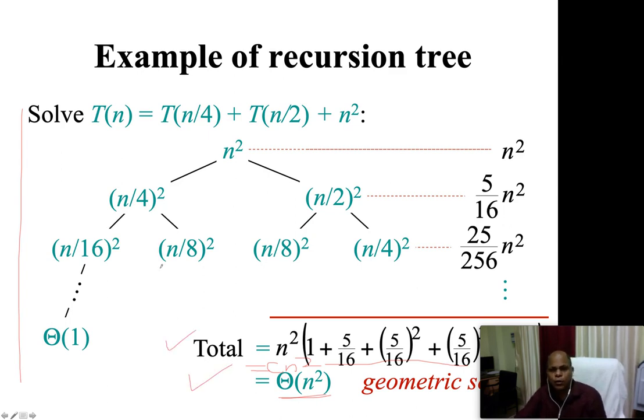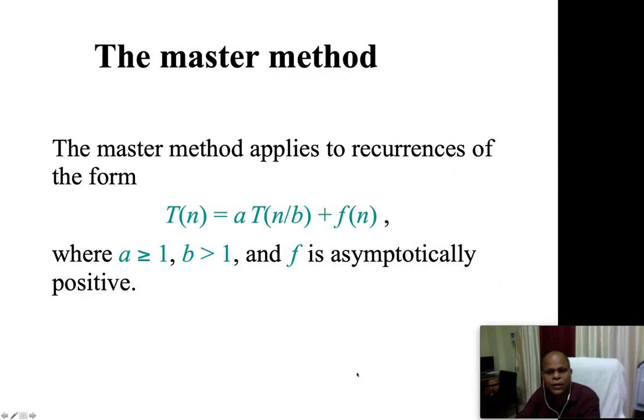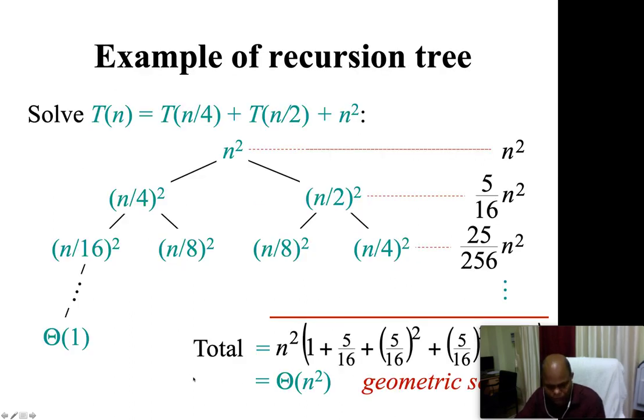Hence if you follow this recurrence relation and solve it using the recursion tree, we can find that the complexity, or the growth, of this algorithm is bounded by theta of n square. Now, we have already solved other recurrence relations, as in your module chart.